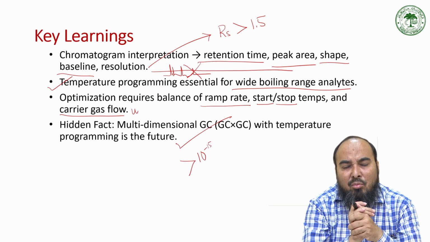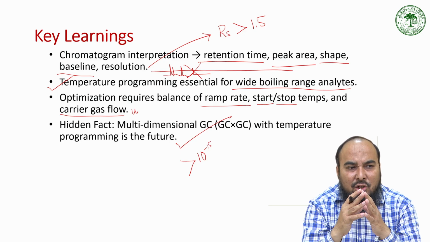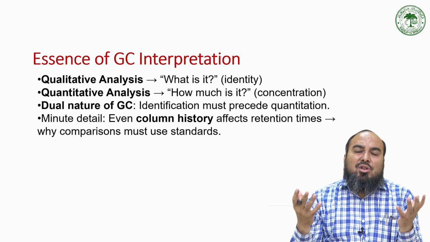That is, more than this purity of your sample you can procure in the future by combining two GCs.